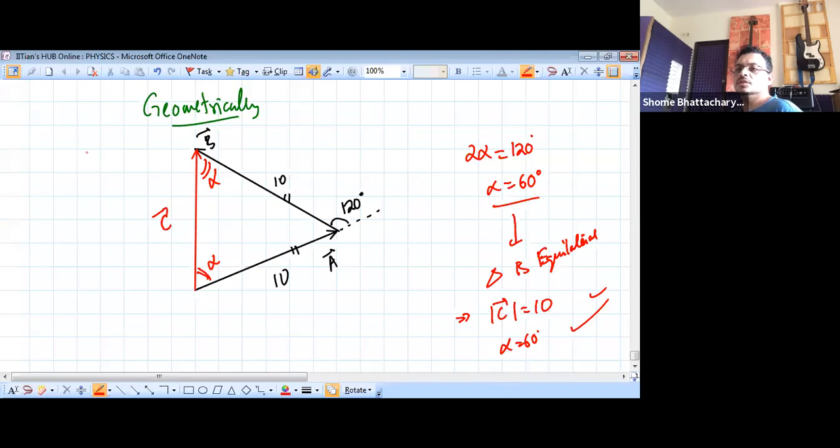Yes, they're all equal. Here you are using the property that if this angle is alpha and this angle is beta, then the opposite exterior angle becomes alpha plus beta. So this is the geometrical way of solving this.